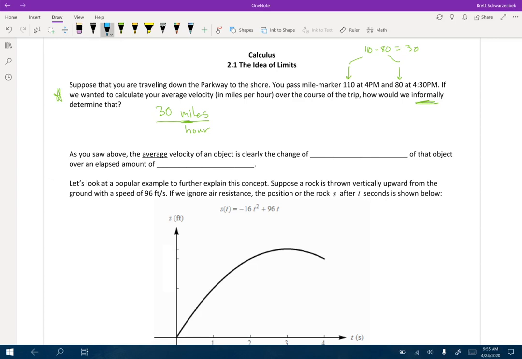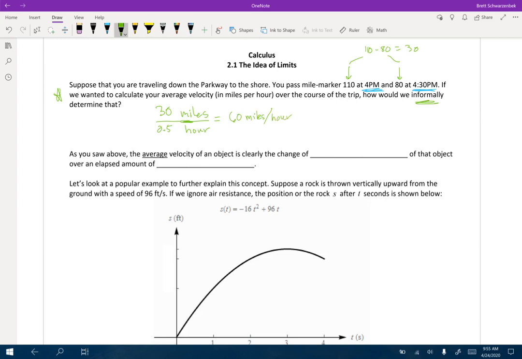Well, you have to be a little careful here. So 4 p.m. to 4:30 p.m. is 30 minutes, but we want it in hours, so that's going to be a half an hour. So if you do 30 divided by 0.5, or 30 divided by half, you're going to get 60 miles per hour.